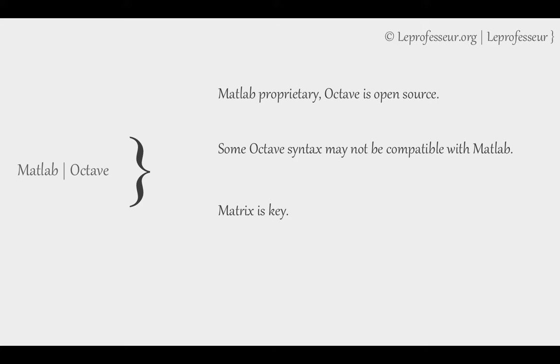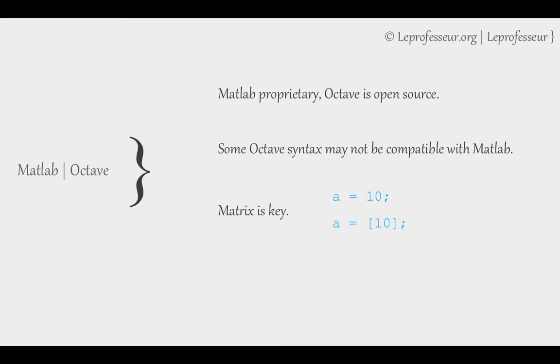Matrix is the key for these software packages, for programming in Matlab or in Octave. So think about it: let's say you define a variable, a equal to 10. What does it mean? In a simple way, you can think of it as a matrix with just one element. So this a equal to 10, a scalar variable, is just one element in the matrix.